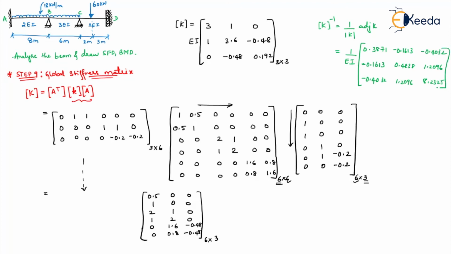So this is your K inverse if you try to find the adjoint K by mod K.